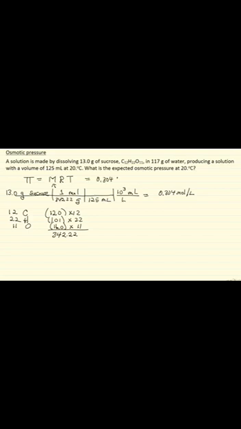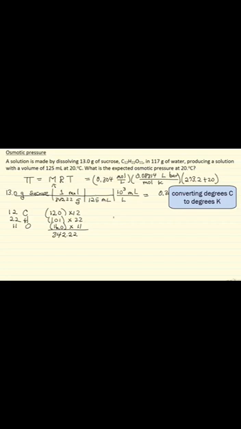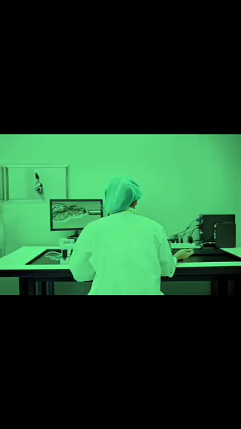Now putting it into the main formula, we have m equal to 0.304 mole per liter, and r, which is the molar gas constant, equal to 0.08314 liter bar per mole per Kelvin. Multiplying by the absolute temperature, which is 273 plus 20. Now computing this, you get pi equal to 7.4 bar. Thank you.